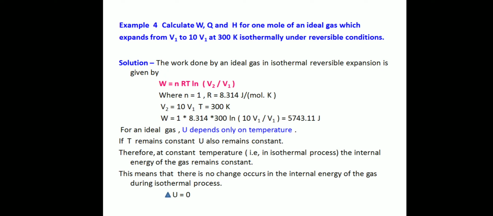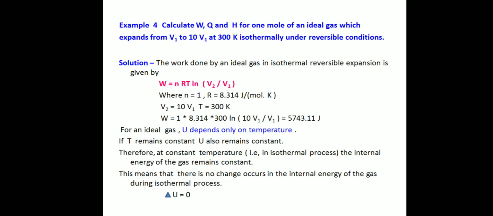calculate W, Q and H for 1 mole of an ideal gas which expands from V1 to 10 V1 at 300 K isothermally under reversible conditions. So in this example, we have to calculate capital W, that is work done, Q heat, and delta H, that is change in enthalpy.